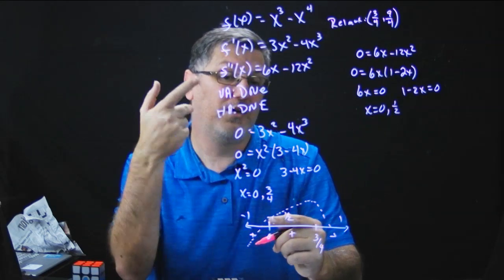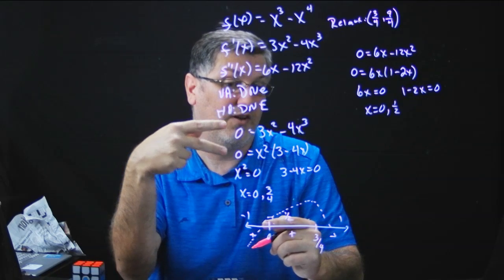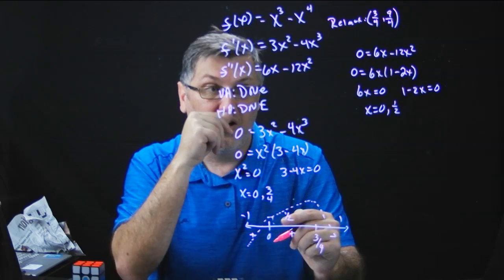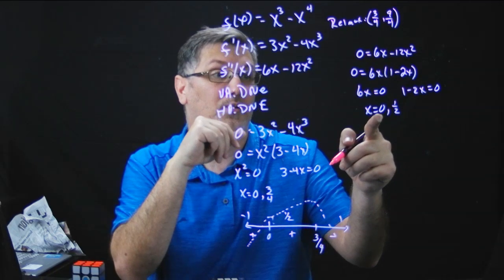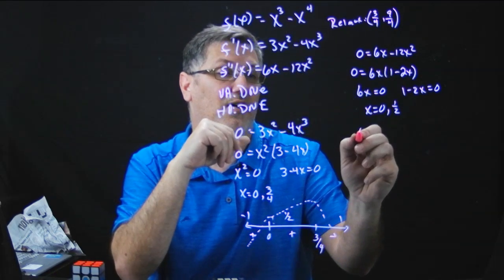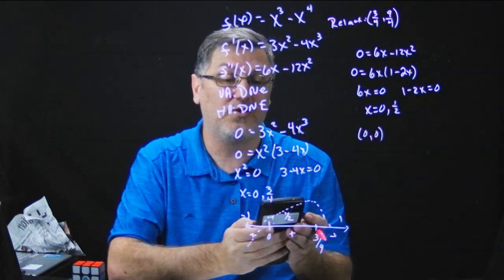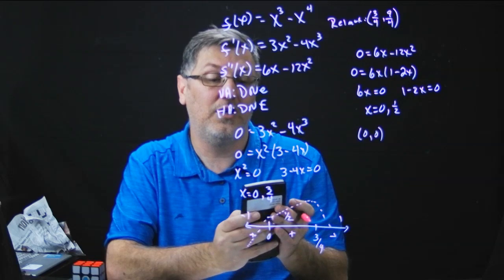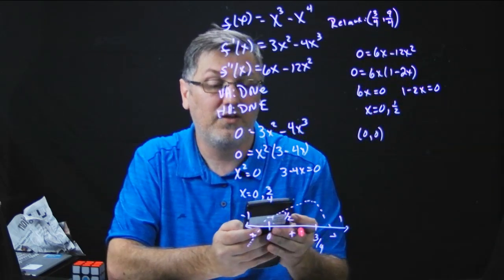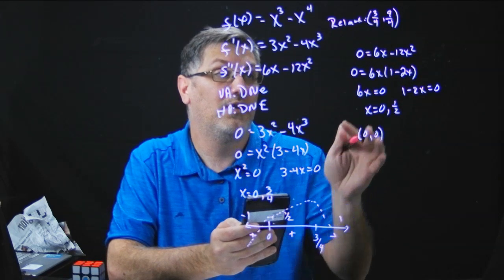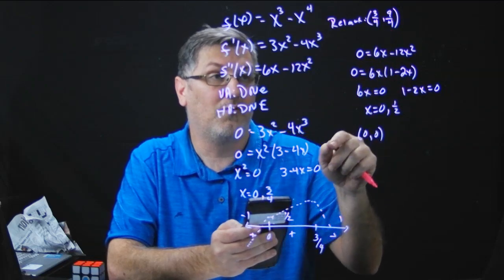At this point, there's two places where you're going to have a change in concavity because that's where it got us last time. It's changing here and it's changing here. So we know 0, if I plug it back into my position function, I have 0, 0. And if I plug 1/2 back into my position function, wait, I think this one's wrong. Yeah, that one's wrong. I plugged in the wrong function.